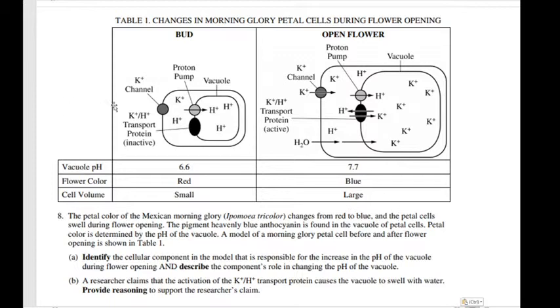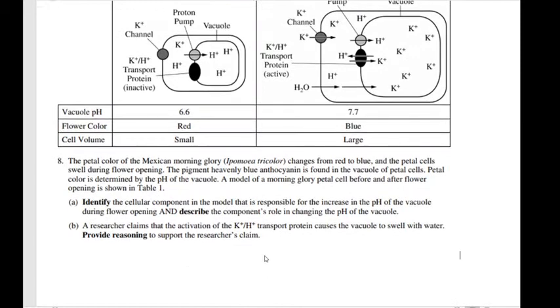So what I see here also, the difference is the potassium hydrogen transport protein in the bud is inactive, and it is active in the open flower. So that's going to suggest to us that the potassium hydrogen transport protein is going to be involved in this.